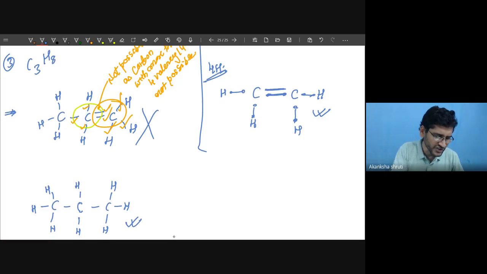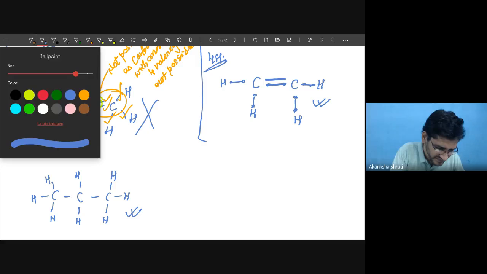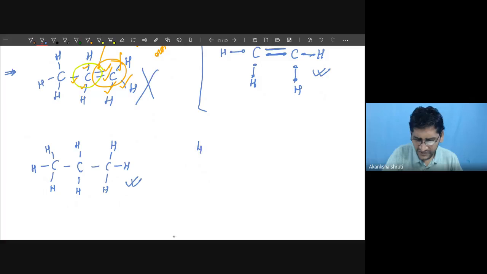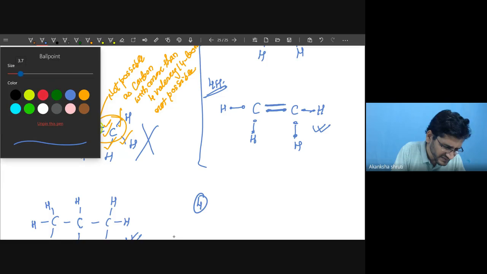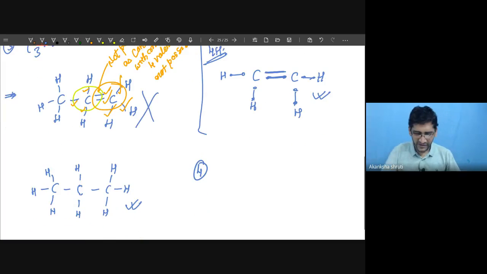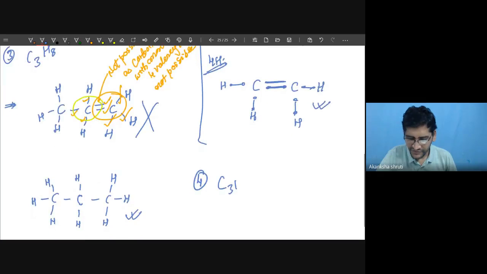Students, let me take one more structure, the fourth one. You have to draw the structure of C3H6.